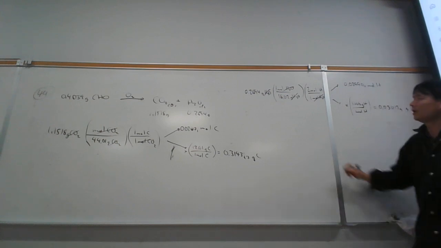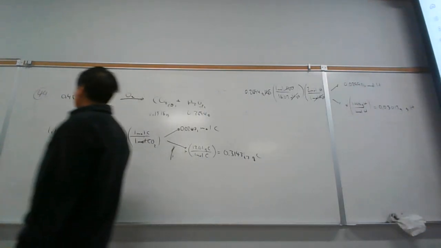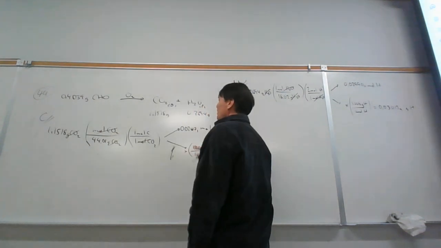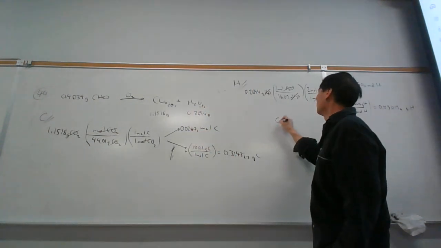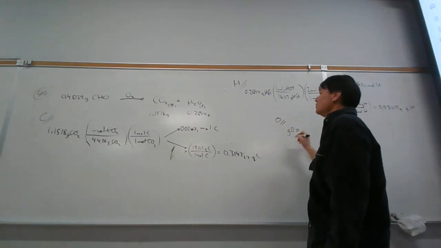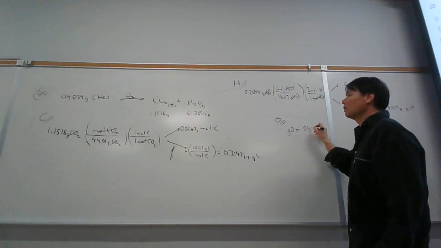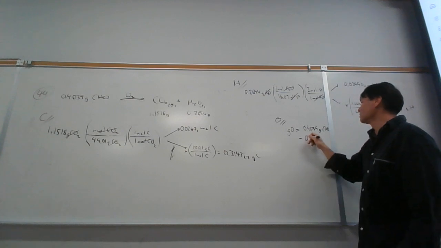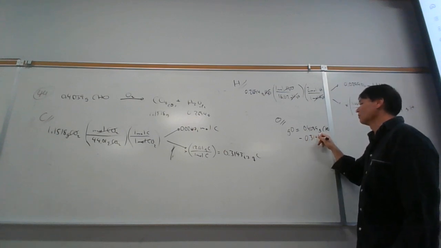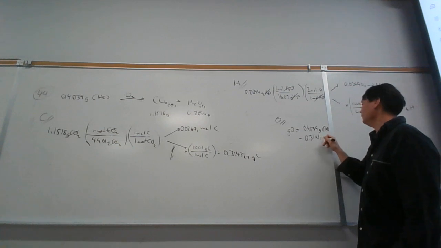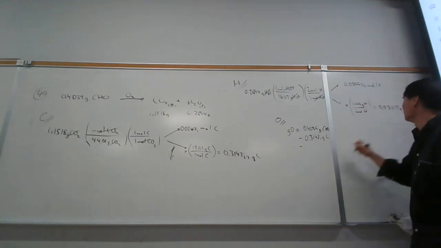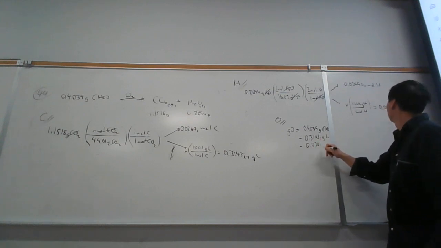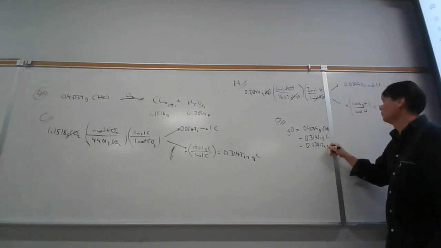Okay, now what I'm going to do is figure out the oxygen. So this is the carbon, this is the hydrogen. To figure out the oxygen, I'm going to take the total mass. Grams of oxygen is equal to the total mass, which is 0.4039 grams of CHO, minus the grams of carbon, which is minus 0.31431 grams of carbon, minus the grams of hydrogen, which would be 0.03039 grams of hydrogen.